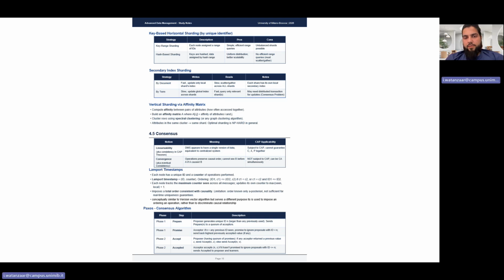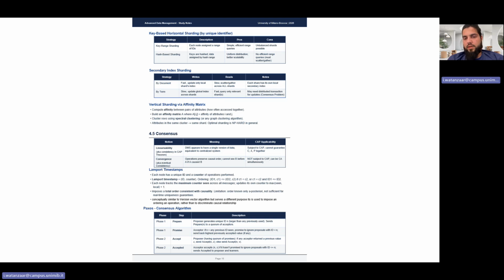Another one is Paxos, the consensus algorithm, which basically works in 4 phases: prepare, promise, accept, and accepted. In the first phase, prepare, the proposer guarantees a unique ID n which should be larger than any previously used, and sends prepare to a quorum of acceptors.